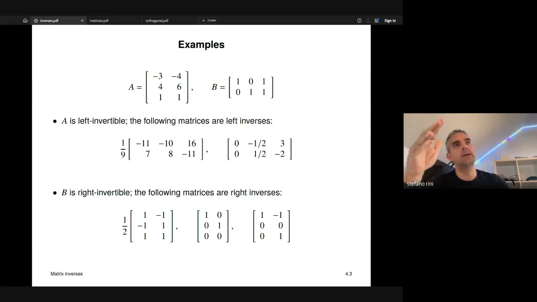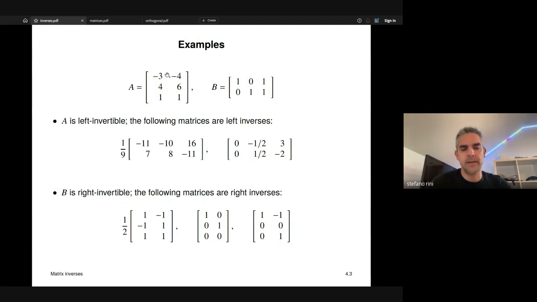In a sense, you can choose 6 elements so that you fix 4 elements. Here you have 6 elements that are fixed, and you want, let's call this B or X, you want X times A to be equal to the identity.